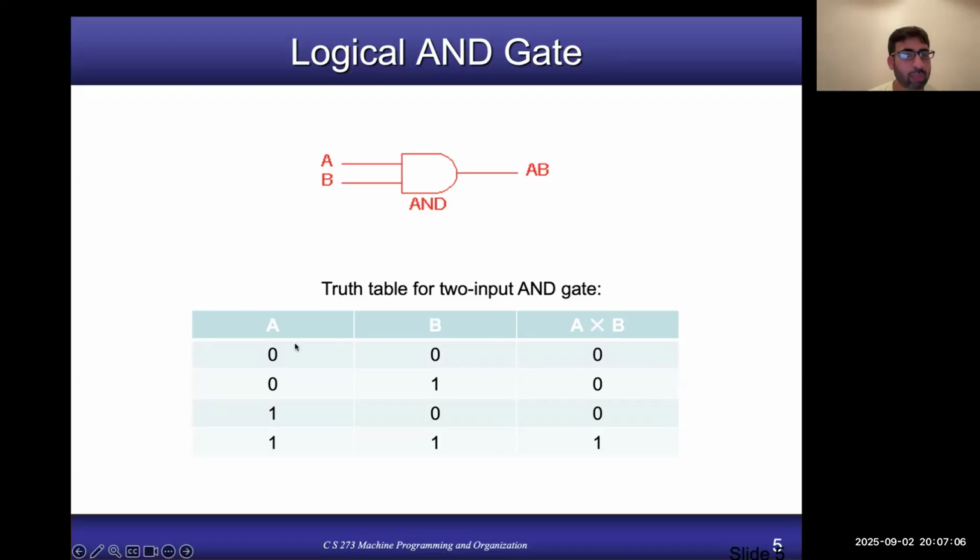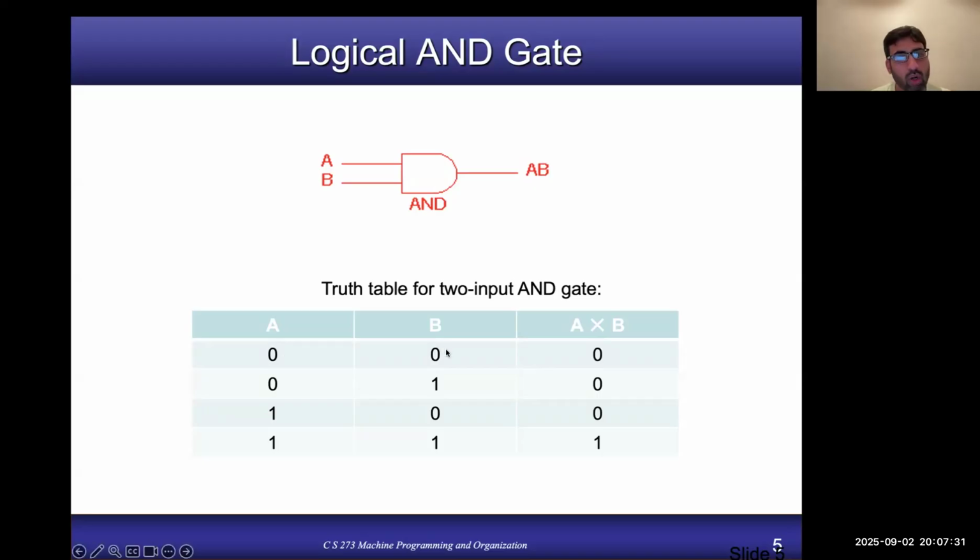The AND operation has two inputs A and B on which you apply the AND operation, and it is indicated by a cross symbol here. Actually, traditionally it is indicated by a dot, A dot B, but here they have put a cross, but okay, for the time being we can accept it.